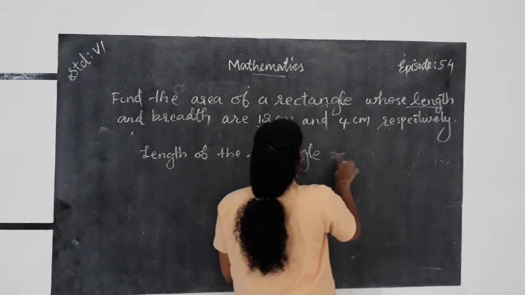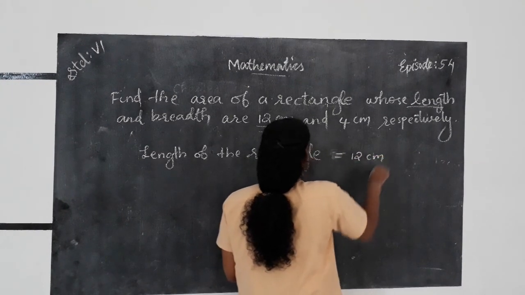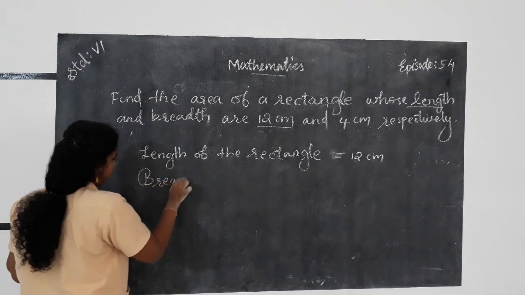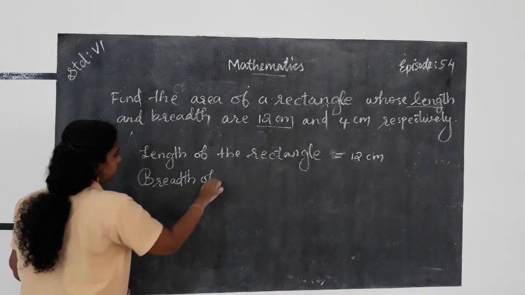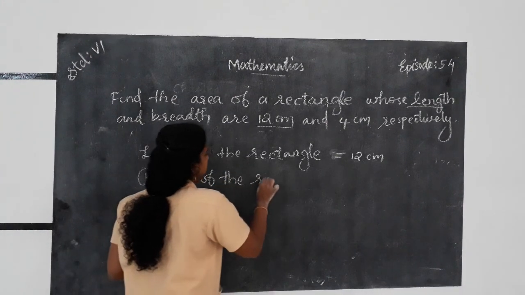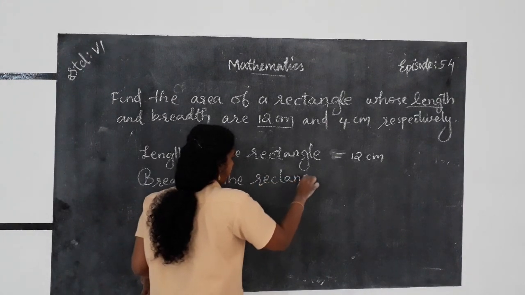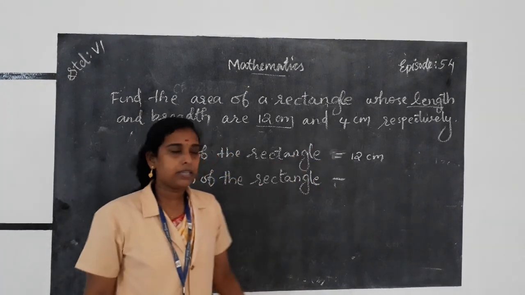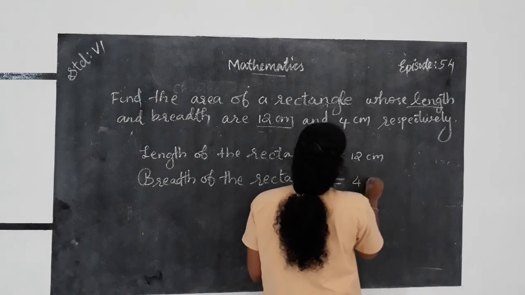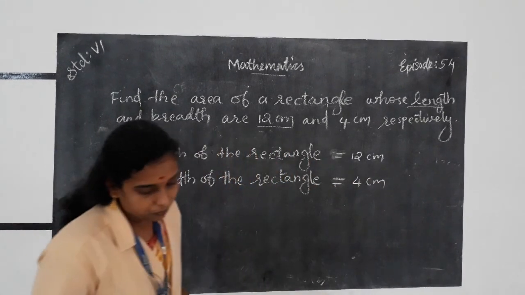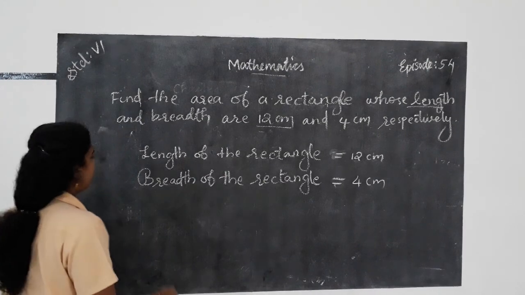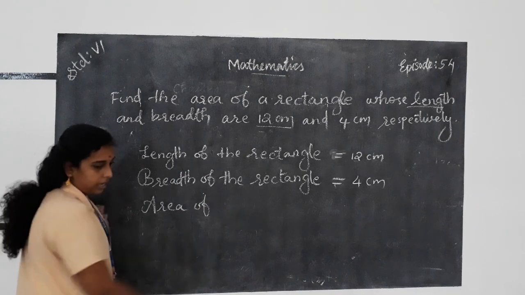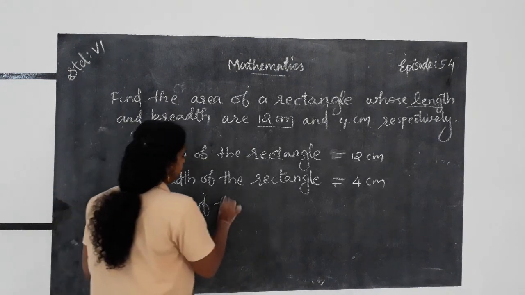Then breadth of the rectangle is equal to 4 centimeter. 4 centimeter is the breadth of the rectangle. And here we want to find the area of the given rectangle. So the step is area of the rectangle.